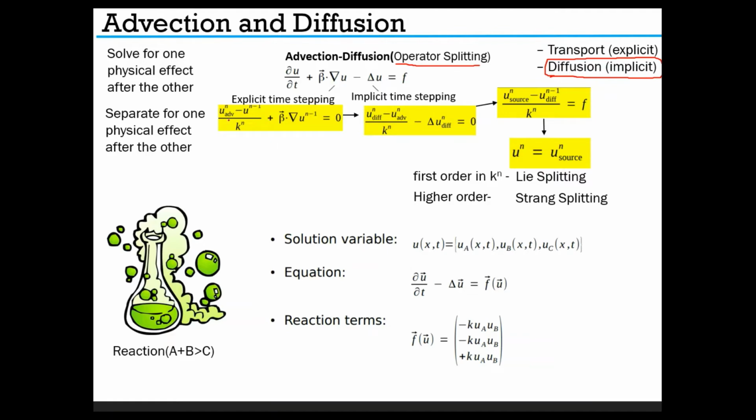Here you can see it will first solve the advection part, then go to the diffusion part, and then the source part. After solving all these, it will give the resultant value like this. This is called first order splitting, or Lie splitting, and for higher order, Strang splitting can be used.